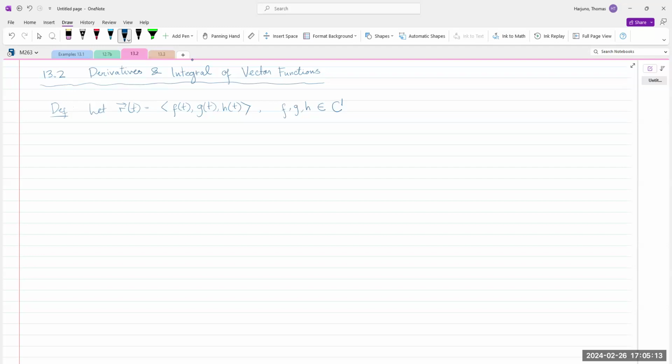Now, this is not C prime, this is C1. If you wonder what this notation is, C1 basically means continuous functions that are once differentiable.